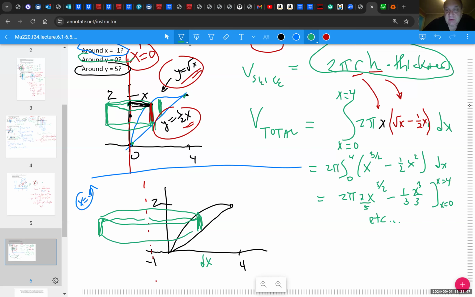And we have to find the r and the h. The r is always a radius of a circle, so the center of the circle is where the axis of revolution is, and we have to go all the way out here. That is a horizontal distance. It's not just x. Some people say it's x, but x always goes to the axis.